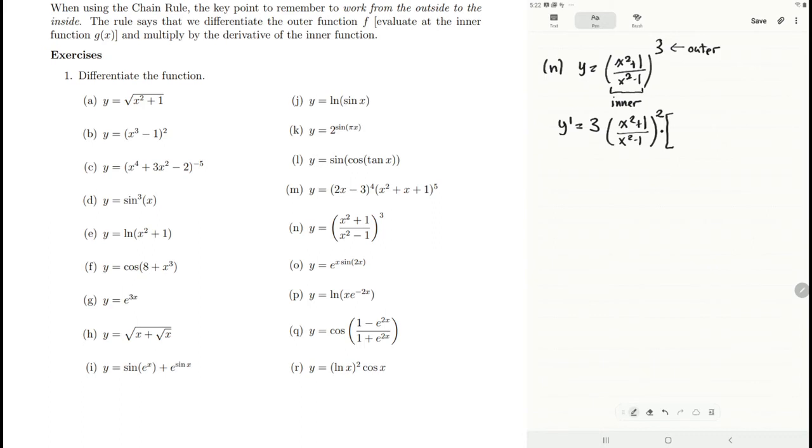So the derivative of the inner function, we use the quotient rule. So we have 2x times x squared minus 1 minus x squared minus 1 times 2x. And this is all divided by x squared minus 1 squared.